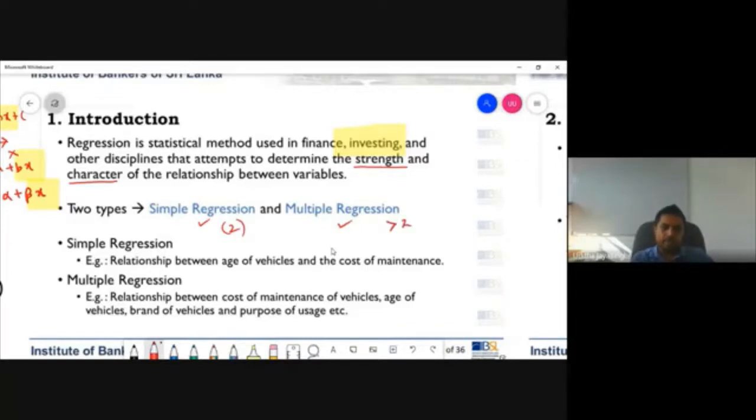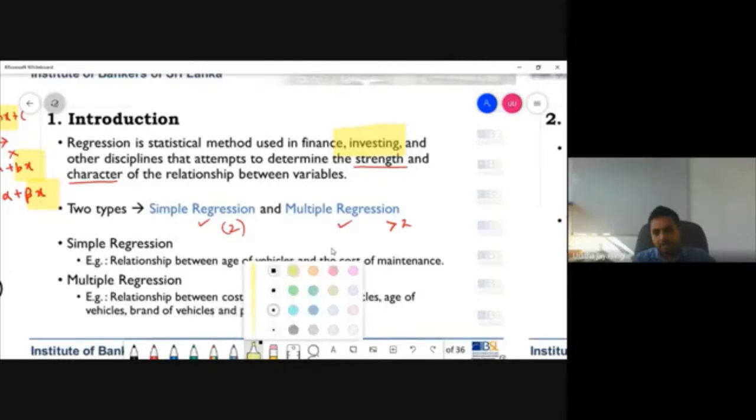Look at these examples for simple regression and multiple regression. Simple regression: a relationship between the age of a vehicle and the cost of maintenance. Age of vehicles and the cost of maintenance. Typically, when you look at this wording, what can you assume?